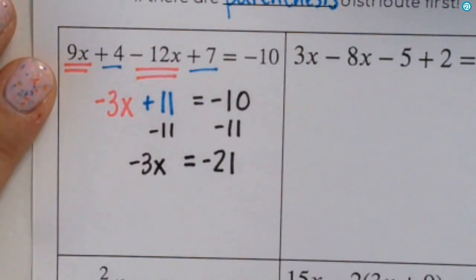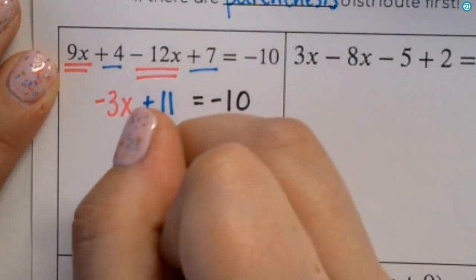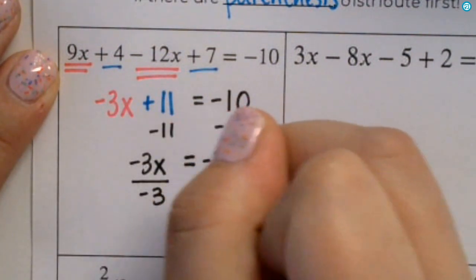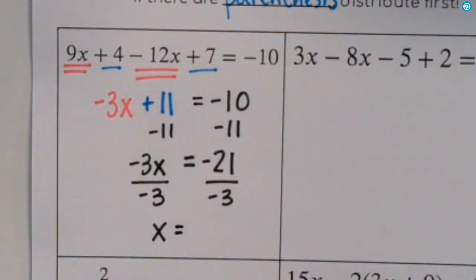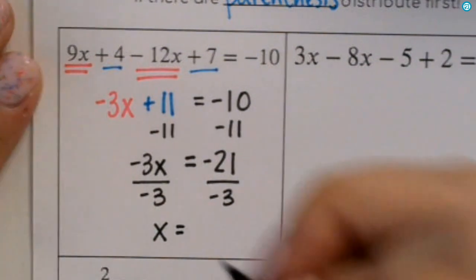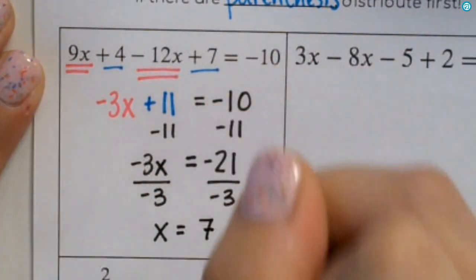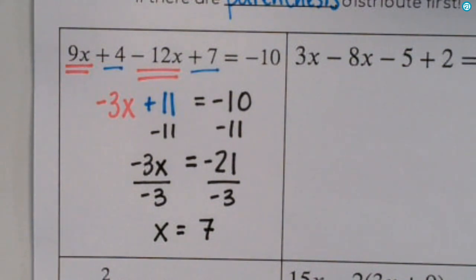And then I'm going to divide both sides by -3 and get x equals, a negative divided by a negative is positive, so it's +7. Okay. Any questions on that first one?